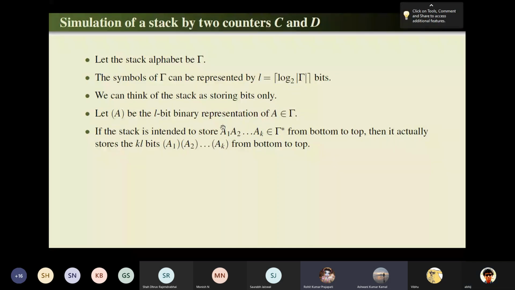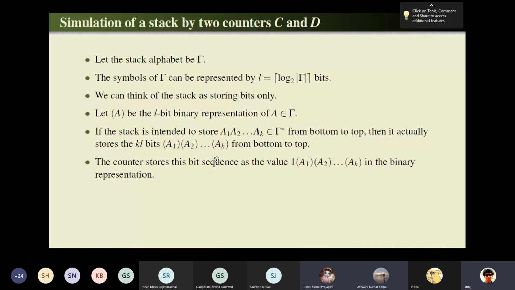Instead of storing symbol after symbol, it will store these KL bits: the L bits corresponding to A1, the L bits corresponding to A2, and so on. Correspondingly, when this is the content of a stack, my counter will store the same bit sequence, but I just insert 1 at the beginning.